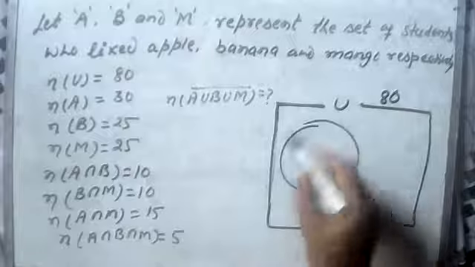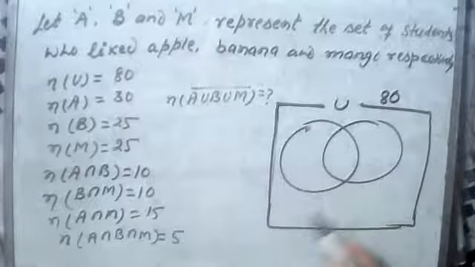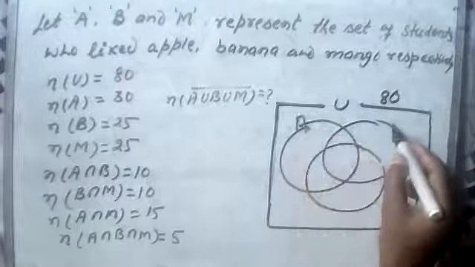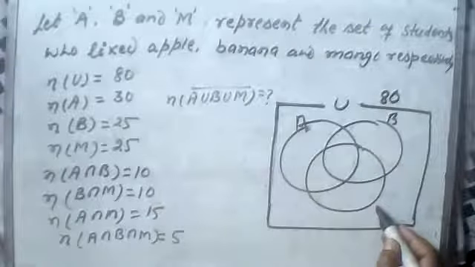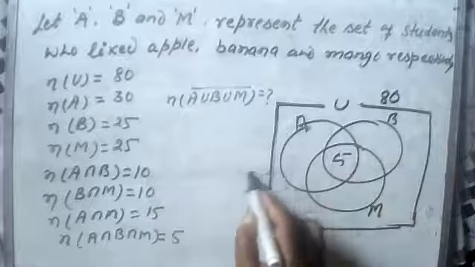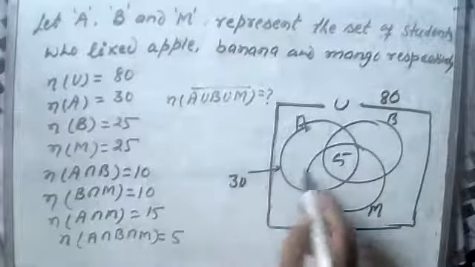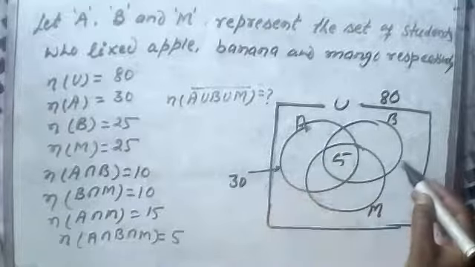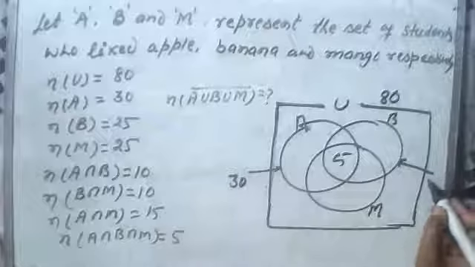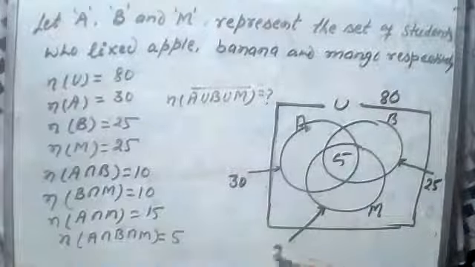Now A for apple, B for banana, M for mangoes. This is A, this is set B, this is set M. This is 5 here, this is total 20, this is 30. Those who like apple is 30, and those who like banana is 25, and those who like mango is also 25.